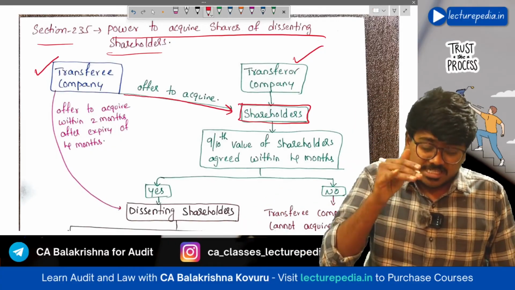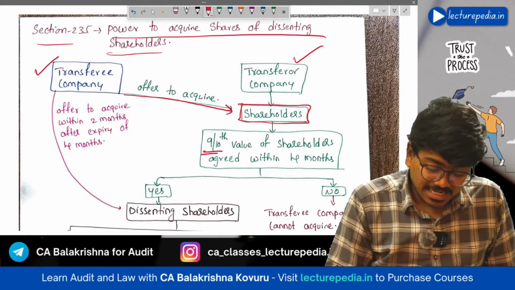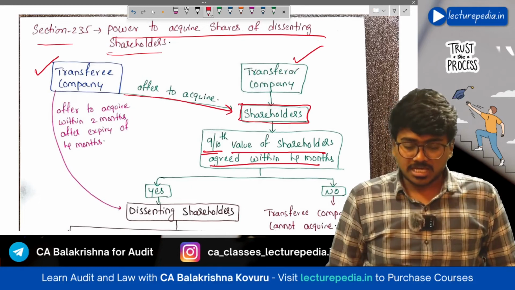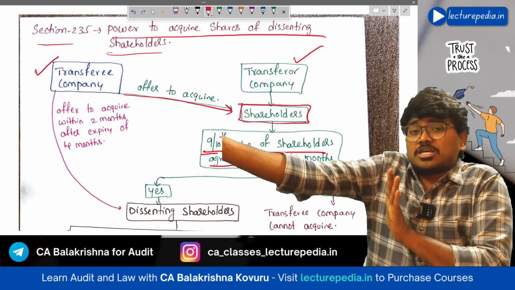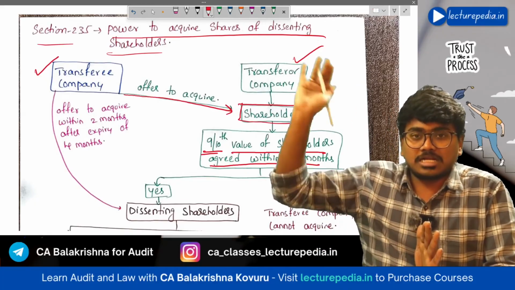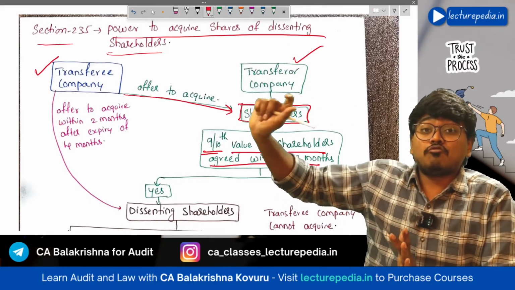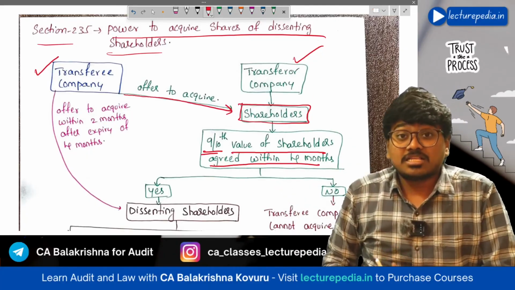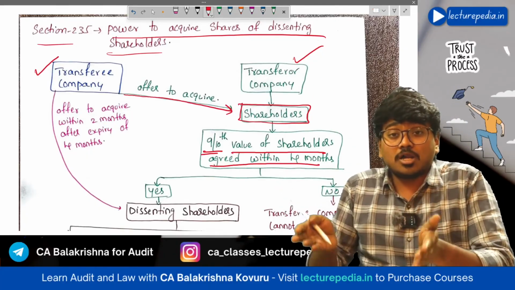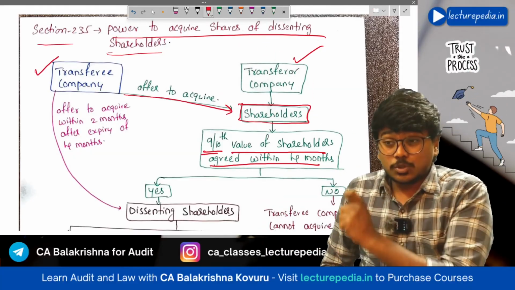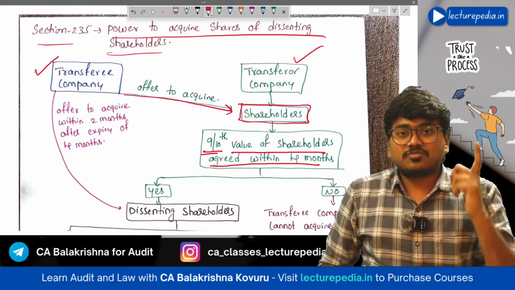Now, if for such an offer 9/10 of the value of shareholders agree within 4 months of giving the offer to the shareholders of the transferor company, that means shareholders who are holding 9/10 of the value are ready to sell the shares to the transferee company.